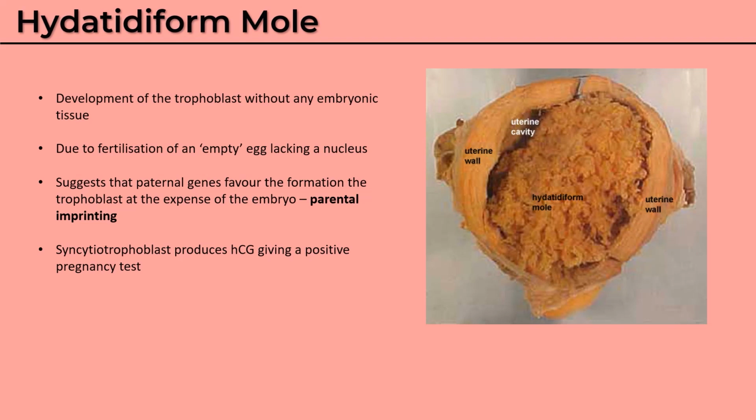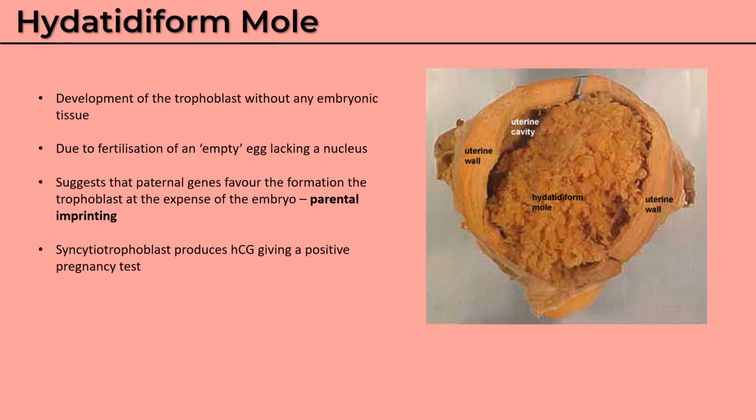Now we also have a hydatidiform mole, and these are the development of the trophoblast without any embryonic tissue. So this is essentially there are no epiblasts formed and there are no hypoblasts formed. So this is basically an empty egg.